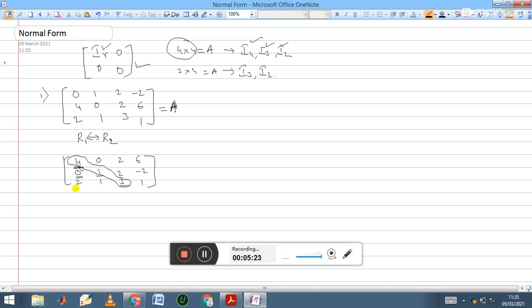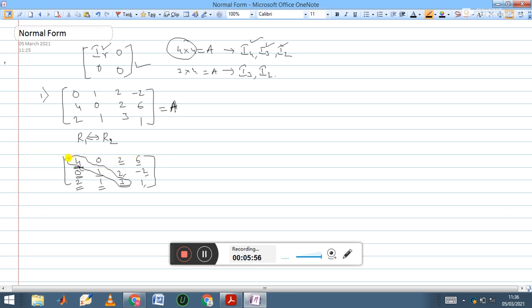In the third row, the first two elements are non-zero, and you need to make these also 0 by using row operations. Above the leading diagonal line you have some more elements, that is 0, 2, 6, 2, -2, 1. Whatever elements you have above the leading diagonal line, you need to make 0, but here you use column operations.